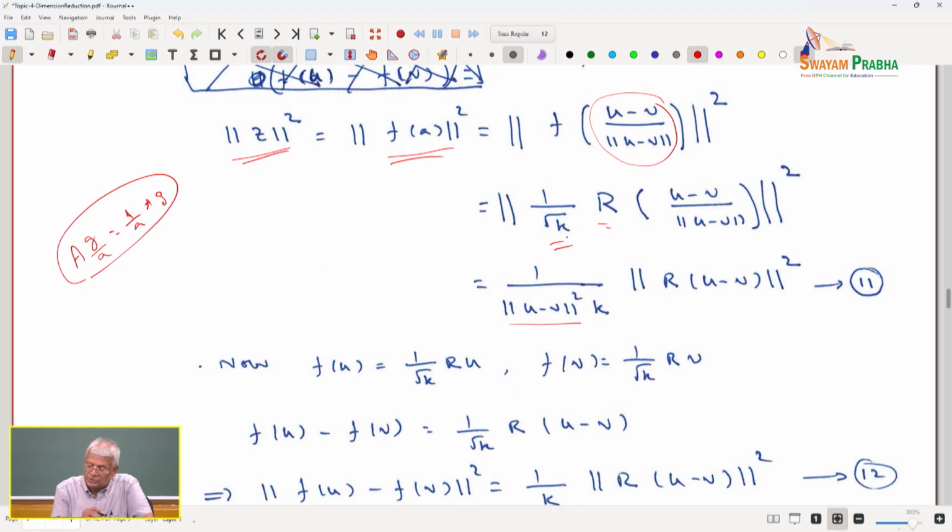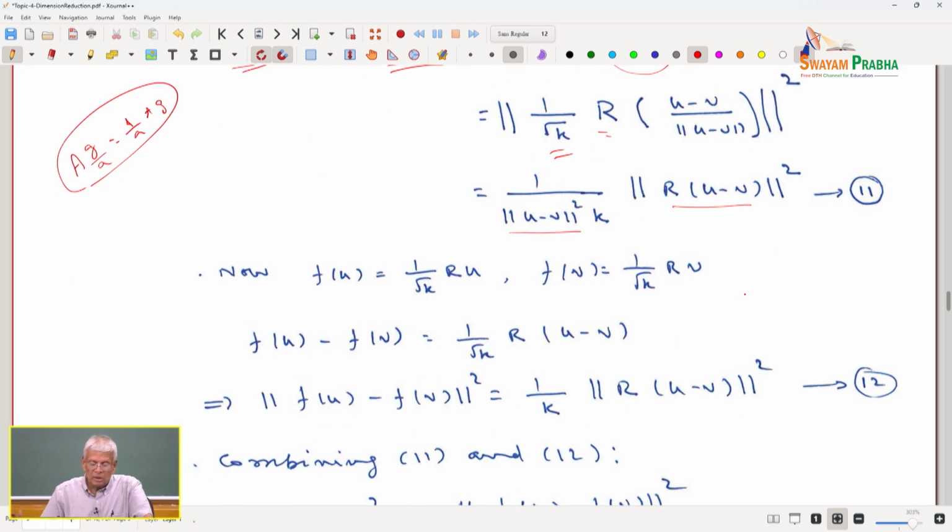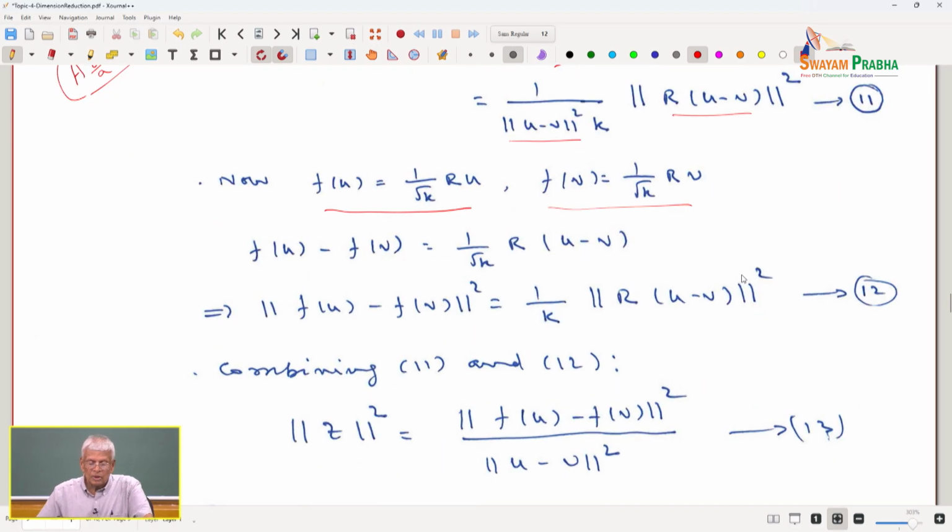I'm taking all the constants out of the square of the norm. R times U minus V is the remaining term. F of U is 1 over root k times RU. F of V is 1 over square root of k times RV. Therefore, F of U minus F of V is 1 over square root of k times R(U minus V).